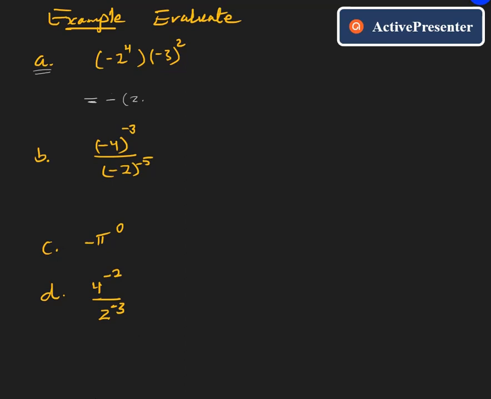So 2 multiplied in 2 multiplied in 2 multiplied in 2 4 times, multiplied in minus 3 all square, so the base is minus 3. So here it is minus 3 multiplied in minus 3. Okay, this is equal to minus 16 multiplied in 9.